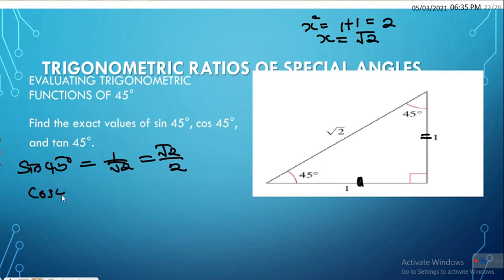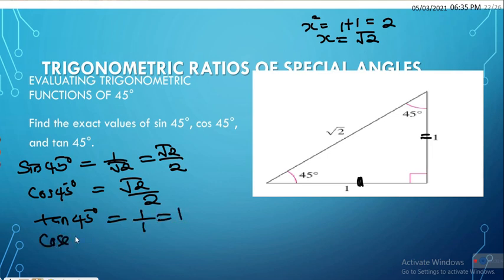Cos 45 degree is also equal to root 2 over 2. Tan 45 degree equals 1 over 1, which is 1. So from here we can obtain cosec 45 degree to be 2 over root 2, which is 2 root 2 over 2, which is just root 2.